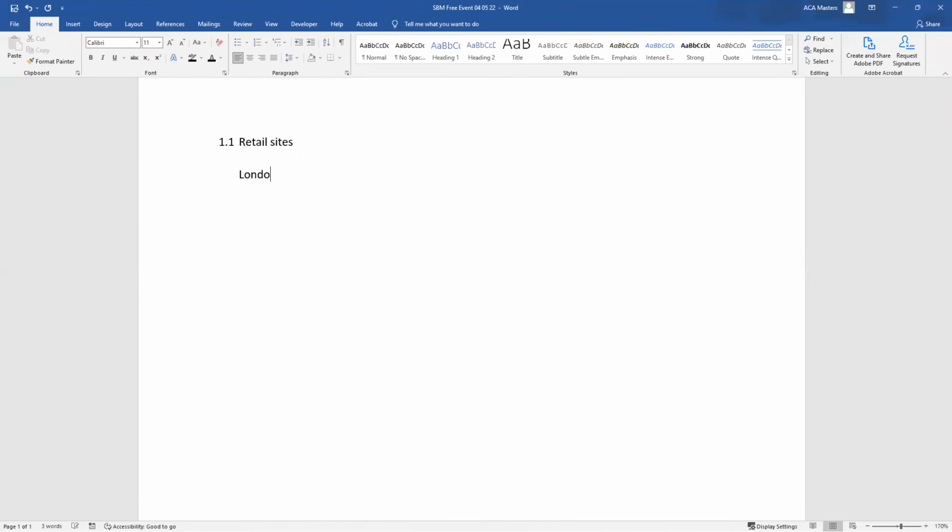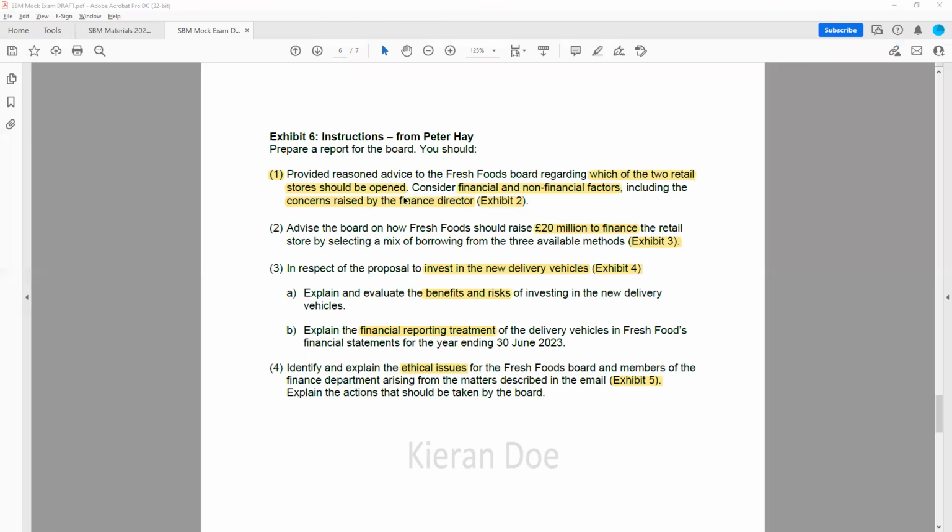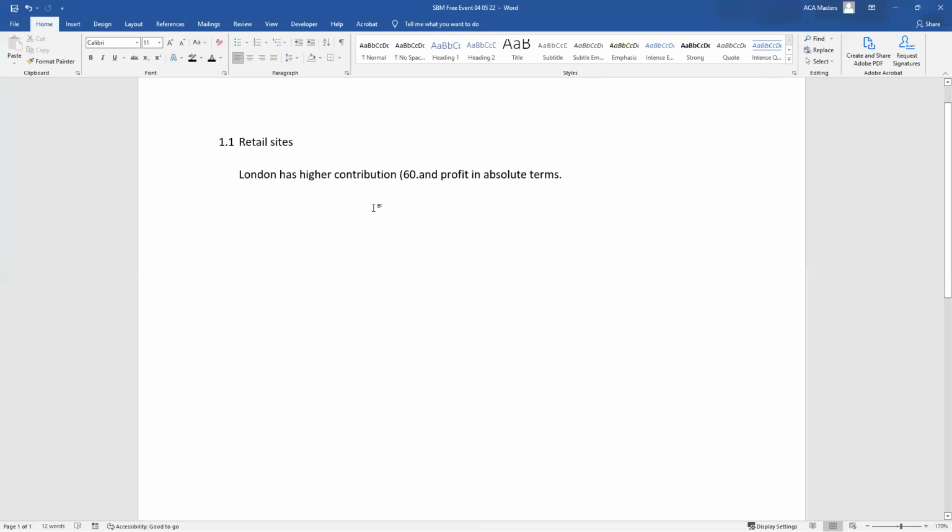So we can say London has higher contribution and profit in absolute terms. And then we could put those numbers in. So you could put 60.5%, picked up there, 60.6% higher, more than Manchester, and profit in absolute terms.